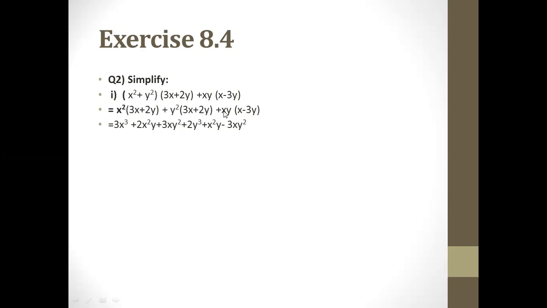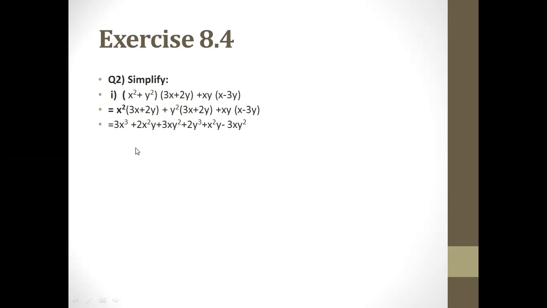And here xy multiplied with x, so x and x multiply, x power 2, and y we write as it is, minus coefficient 3 we write as it is, x as it is, y multiplied with y, y square.